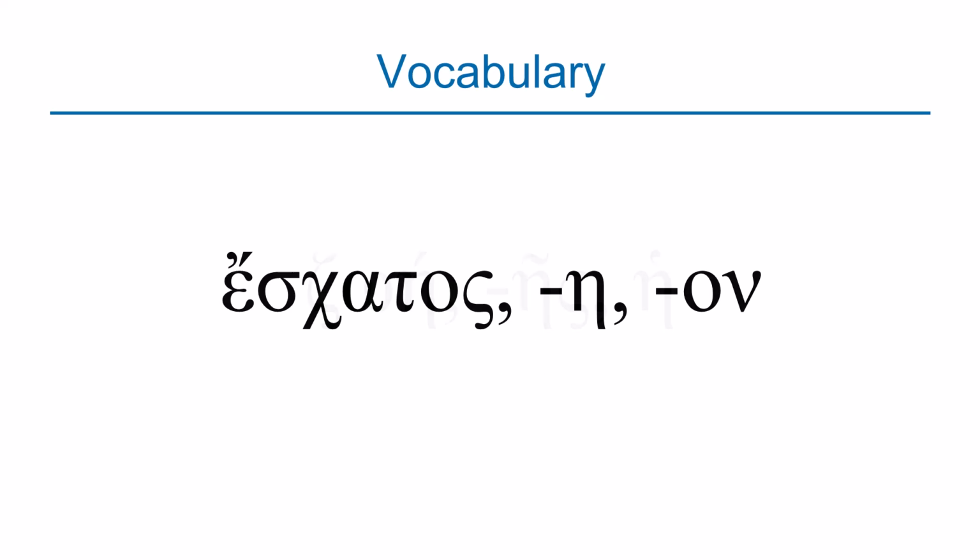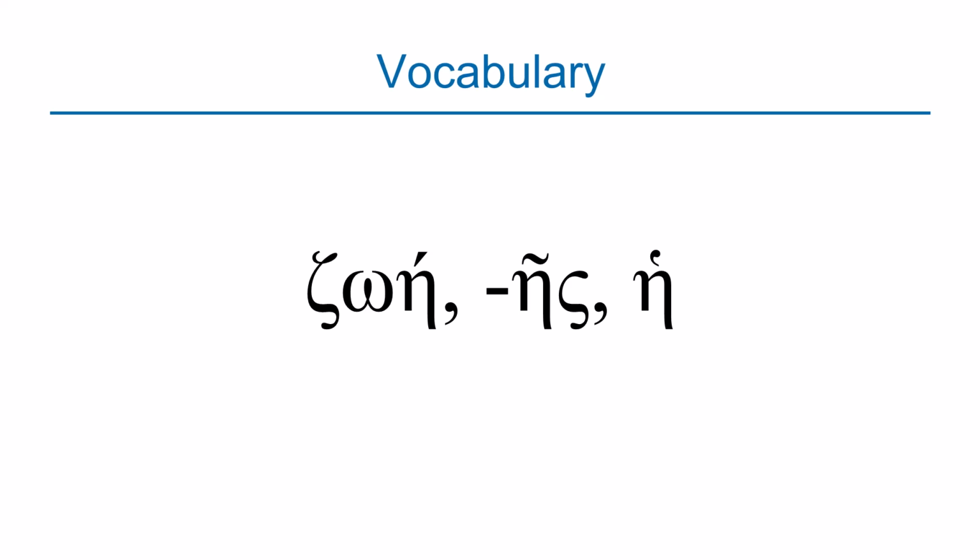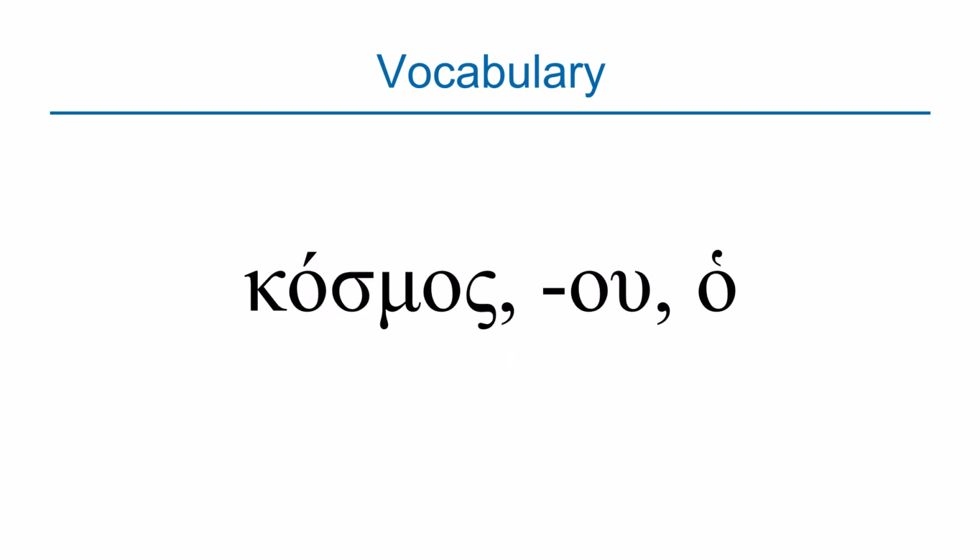The next word is zoe. You have zeta, omega, eta. Zoe. This is where we get the English word zoo. So zoe means life. The next word is cosmos, where we get the English word cosmology, the study of the world. So cosmos means world.